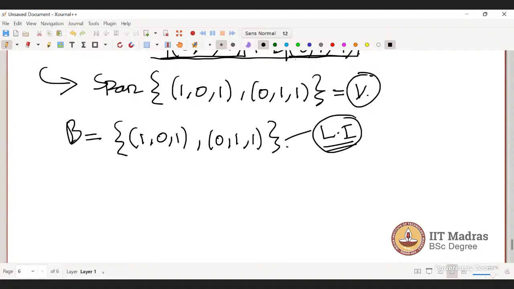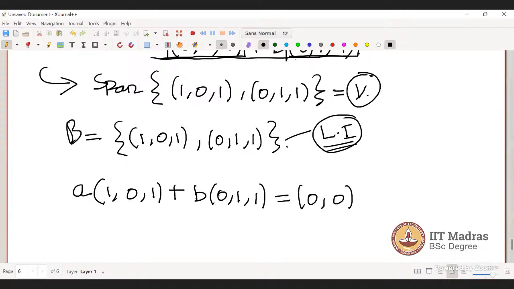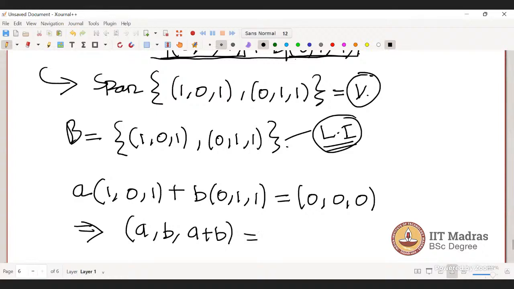This is more or less easy, because if I take a linear combination, this can be 0 if and only if a and b are 0.